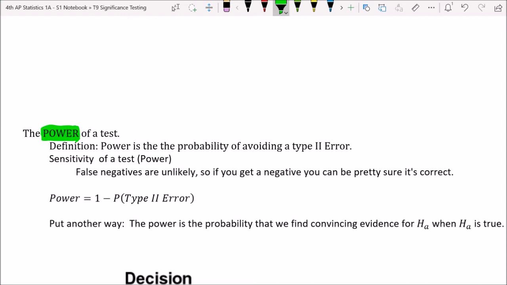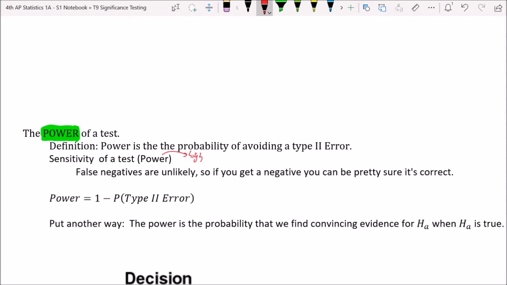Okay, so the definition, specifically the power is the same thing as the probability of avoiding a type 2 error. Okay, now that's the same thing as a test being sensitive. A test is sensitive if it's really unlikely to have a false negative. So if your power is high, that would mean that false negatives are unlikely.